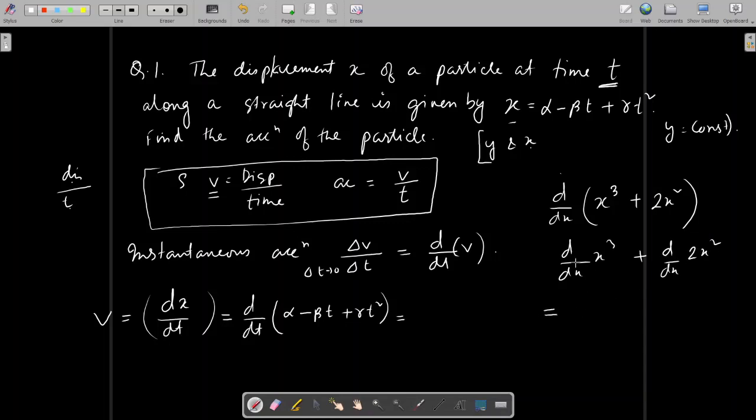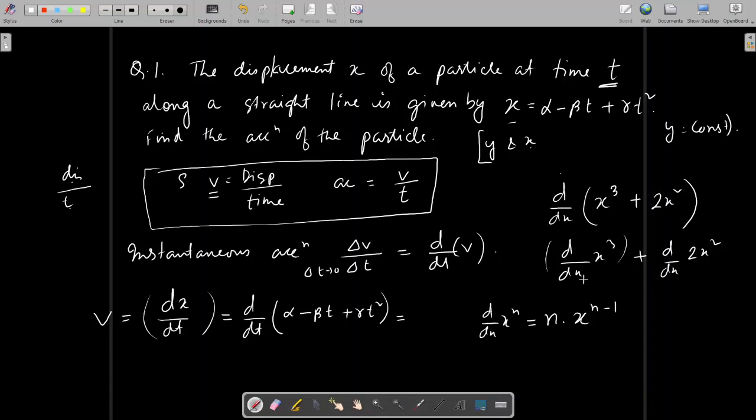For this you will apply the same formula, that is d/dx of x to the power n is equal to n into x to the power n minus 1. Okay, what is the formula? n x to the power n minus 1.